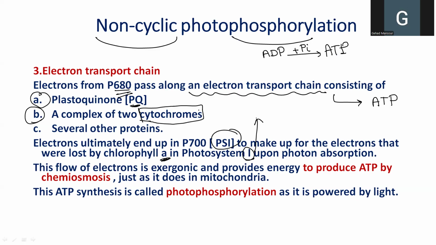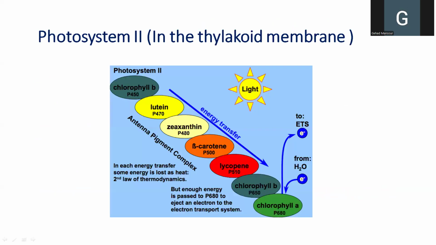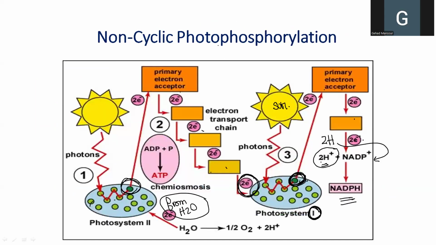The flow of electrons, as we have said, along any of the two transport chains, whether the one of photosystem 2 or the one of photosystem 1, is exergonic. So with every transfer of electrons from one electron carrier to another, there is energy released.